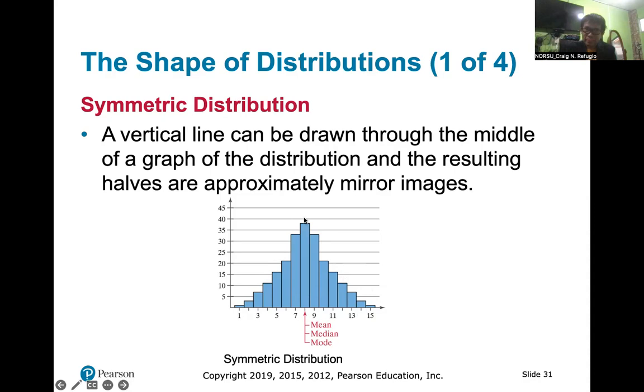Starting from the tallest one, the average, this part corresponds to the below average. So this happens if you've got average students, above average students, below average students, very good students, and not good students.